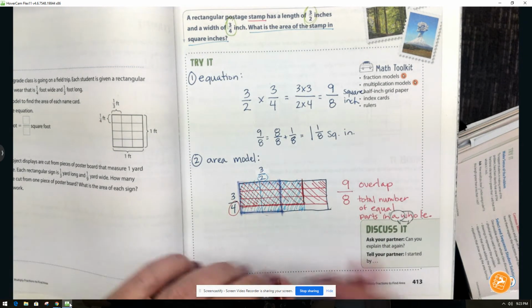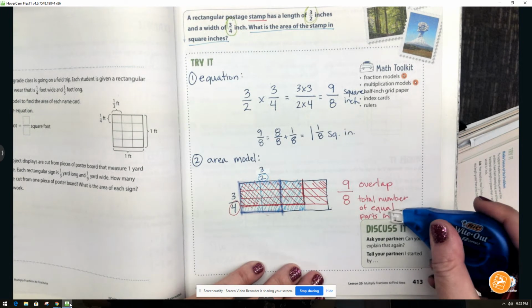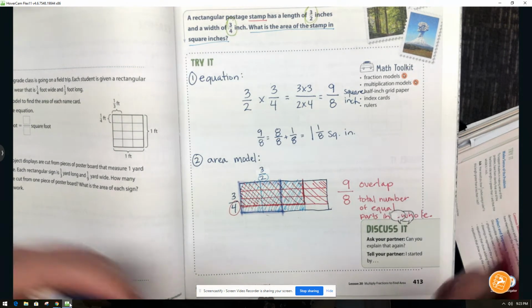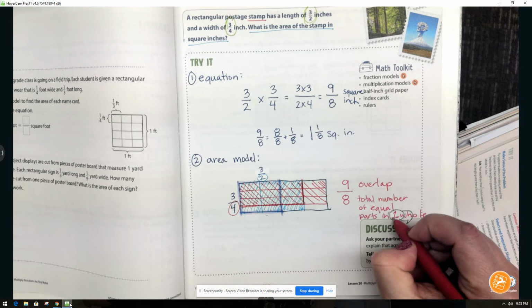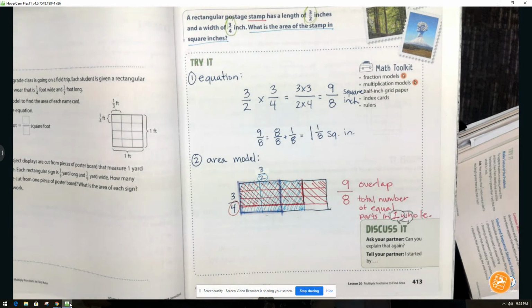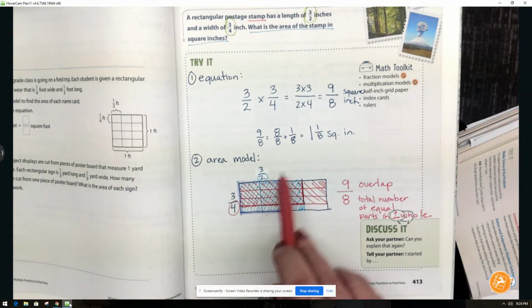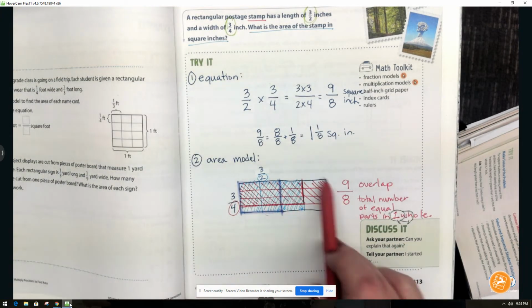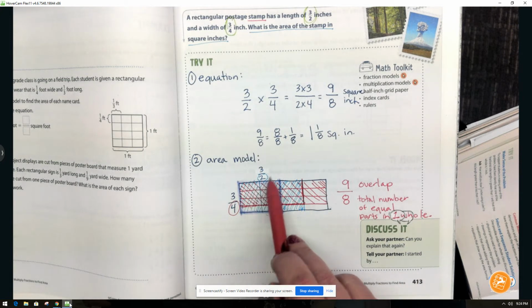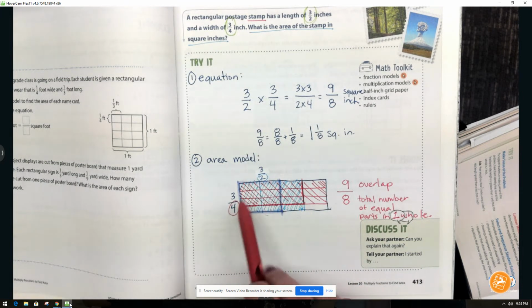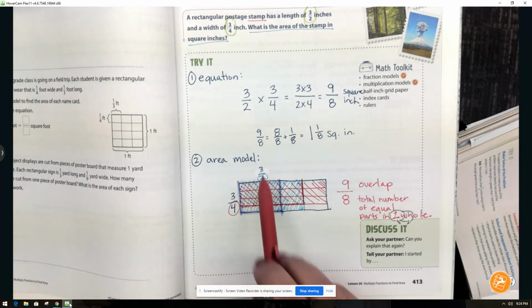I'm even going to change, I said in a whole, but I'm going to say in one whole. Okay, so make sure when you're figuring out your denominator that you count how many are in one whole. This is the only time when you're not going to count all of them, when you have one of your factors that is greater than 1 or is an improper fraction.